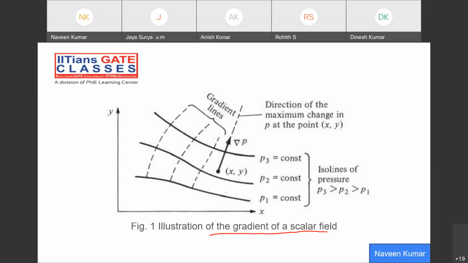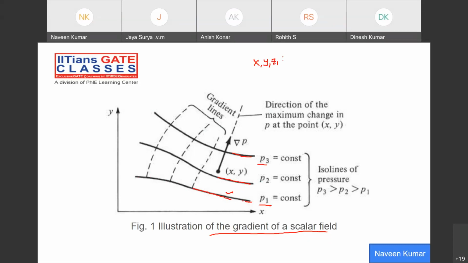So this is the line along which the pressure is constant, equal to P1. Then another line where pressure is constant, that is P2. Another line, pressure P3. This is a pressure field that is a function of x, y, z and t.